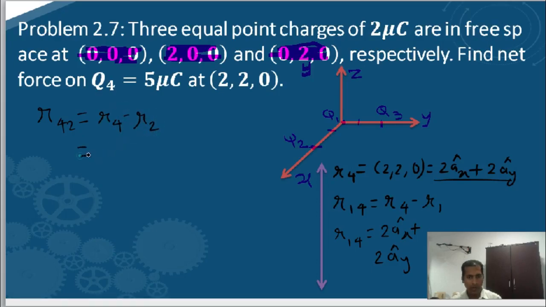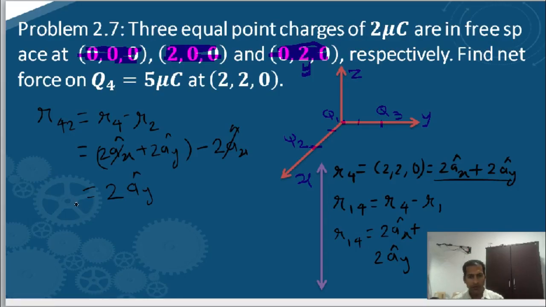So R4 is 2ax cap plus 2ay cap, minus R2, which is 2ax cap. So the 2ax cap will get cancelled, and we will get 2ay cap. So this is our R42.